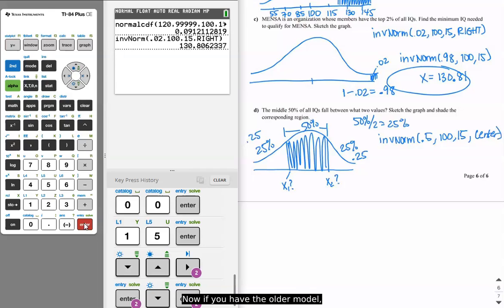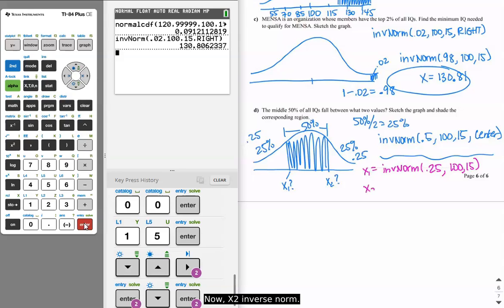Now, if you have the older model, you're going to have to use inverse norm twice because we have the two x values. So the one below, let me do it a different color so you can keep up, would be inverse norm 0.25, 100, and 15, and that would give you what x1 is.